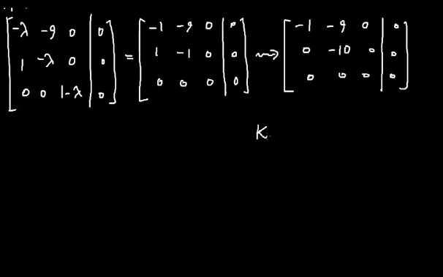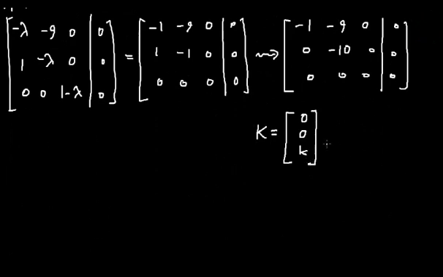So let's write this down. The third one is k. The second one is 0 because -10 forces k2 to be 0. And then once the second one is 0, the first one will also be 0.